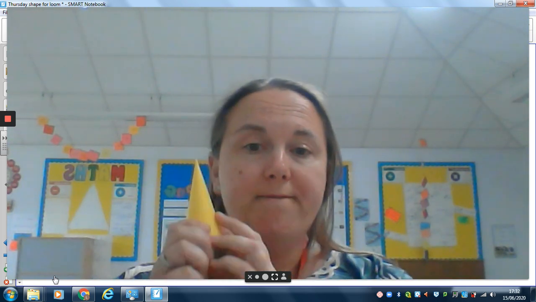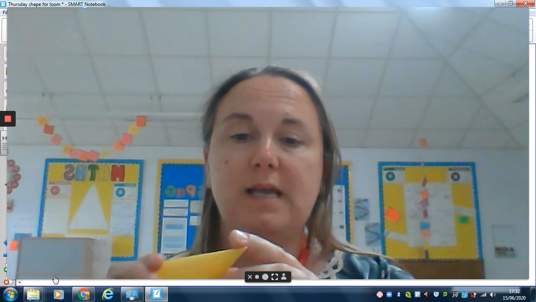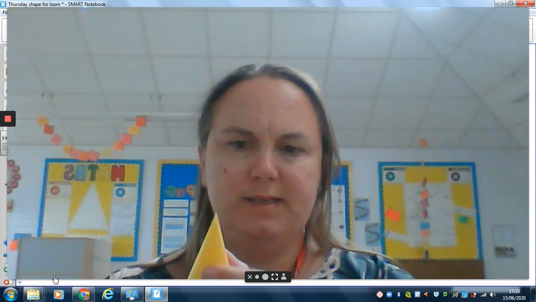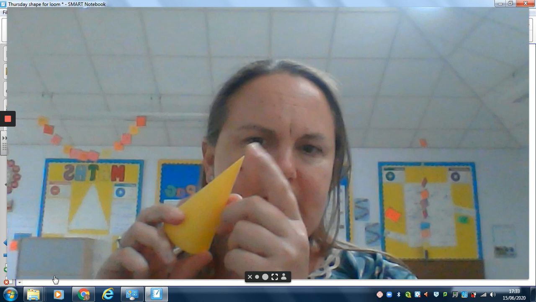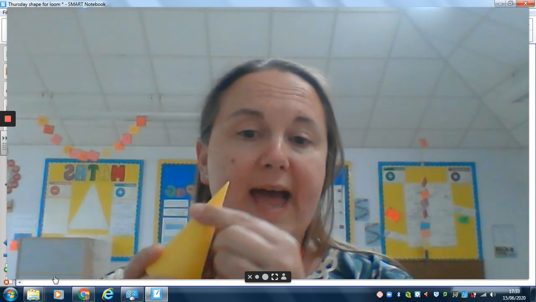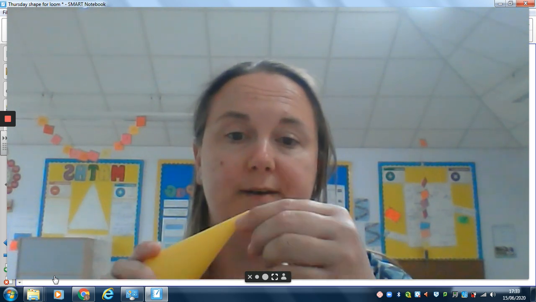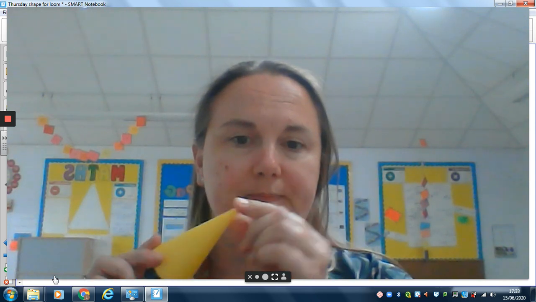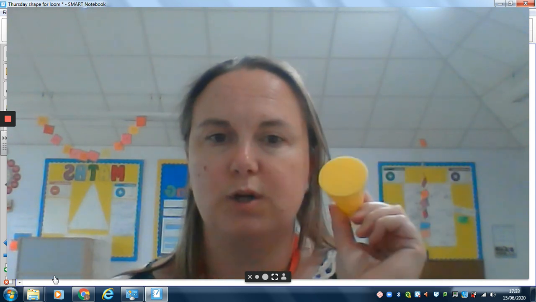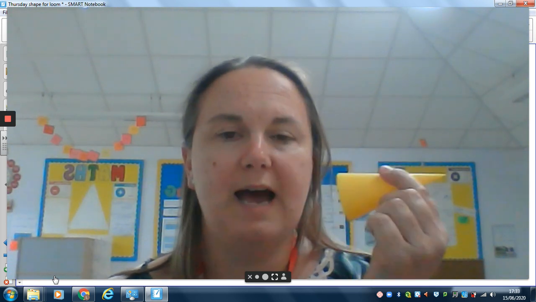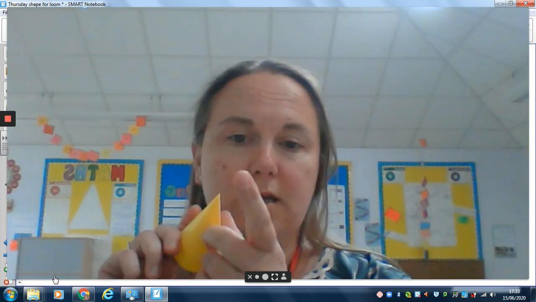Remember, a vertex only happens when edges meet. And there are no edges meeting here. This is what we call an apex because it's where our curved surface comes to a point. So our cone, and this is the trickiest one, so watch out for this one, doesn't have any vertices, it just has an apex.